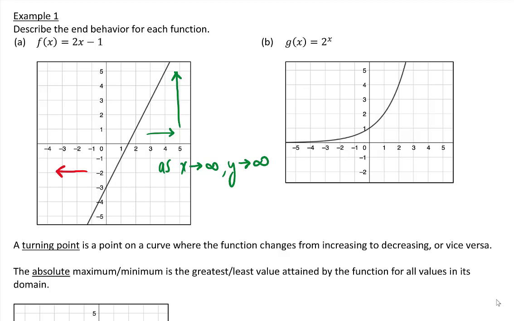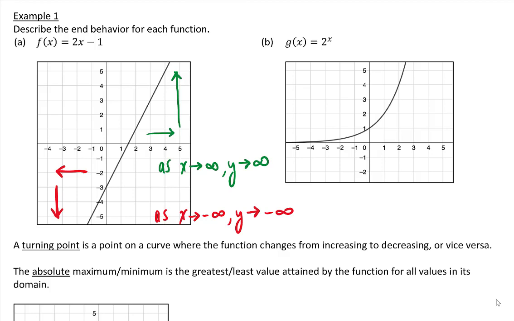Next, as x goes to negative infinity, as we get larger and larger negative values, we also see that the y values get larger and larger in the negative direction. So this time as x goes to negative infinity, y goes to negative infinity.